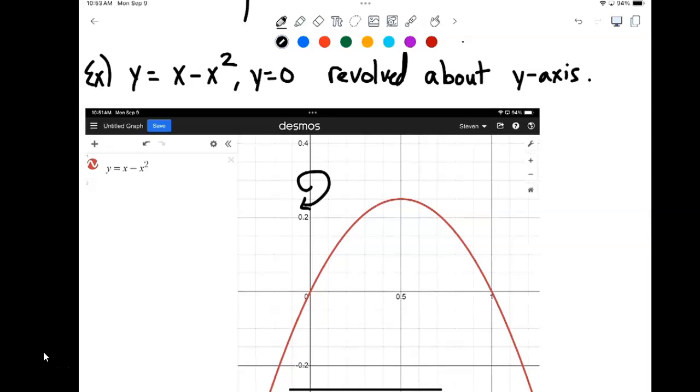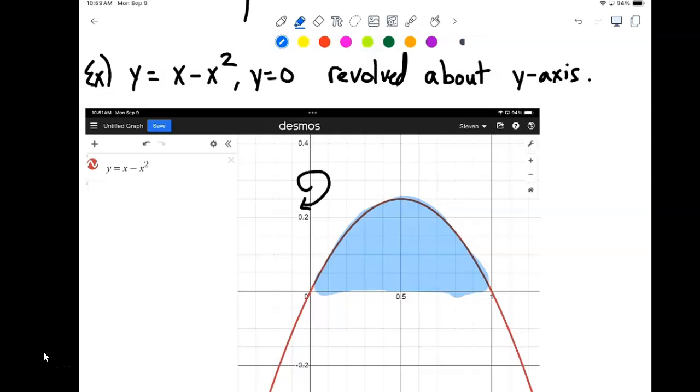So we're looking here at x minus x squared, the area between that and y equals 0. In other words, this area here, we're going to take this region and revolve it about the y-axis. First of all, think about the kind of shape you get.